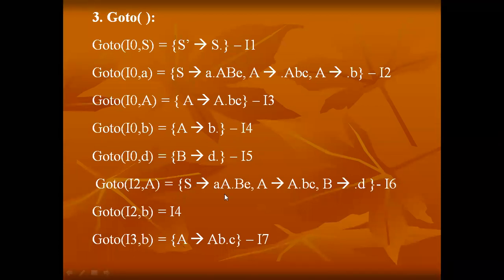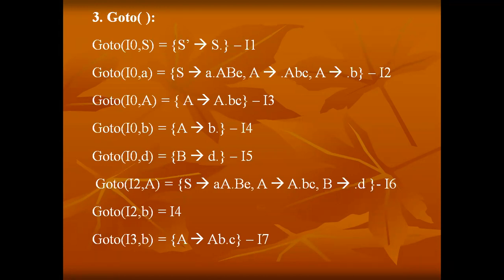By these computations, we can clearly understand the direction of the transitions between all the items I0 to I10 along with the alphabets. Here the alphabets are all the non-terminals and all the terminals we are considering.